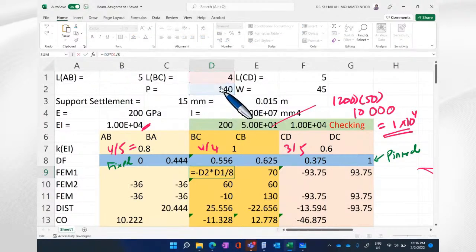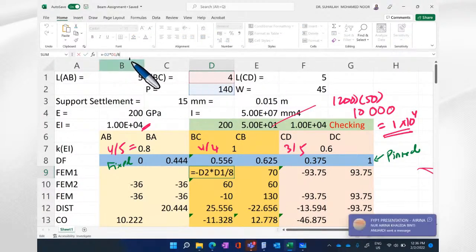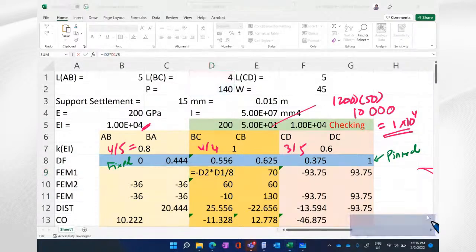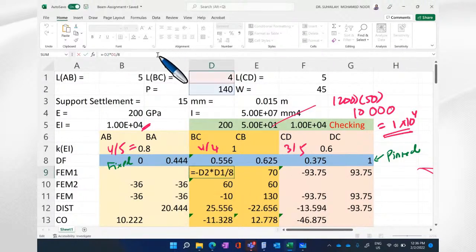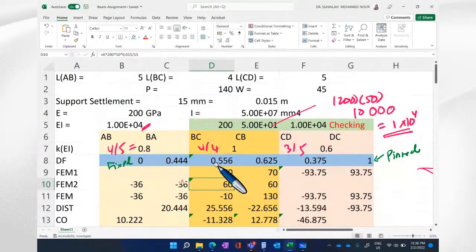P is 140, L is 4, divided by 8, so we get negative 70. CB will be positive 70 because between BC and CB, due to external loading, we have opposite conditions.